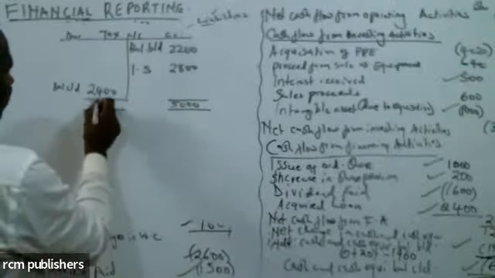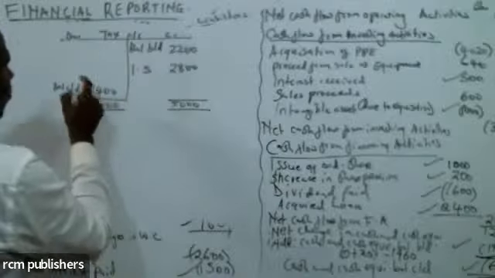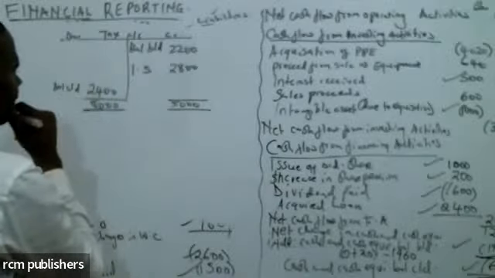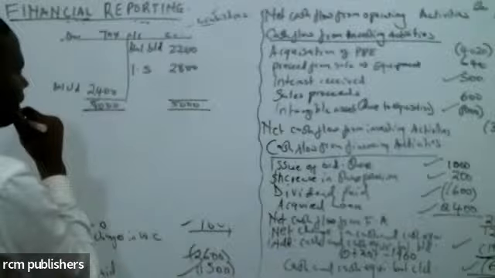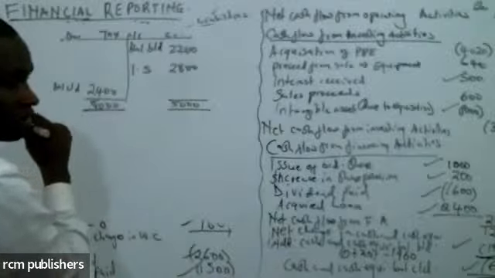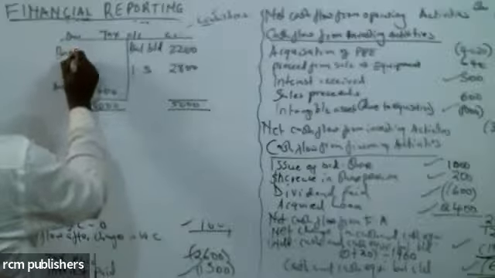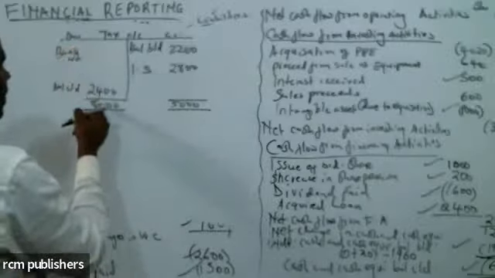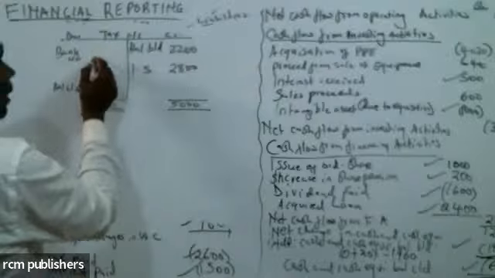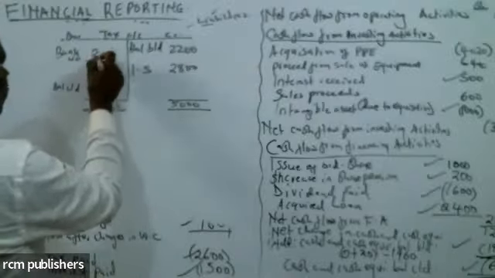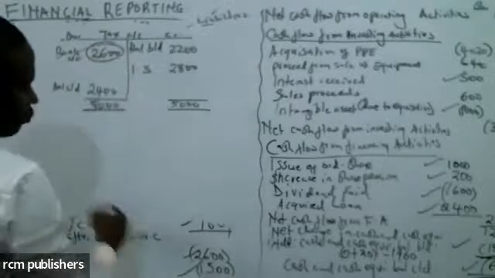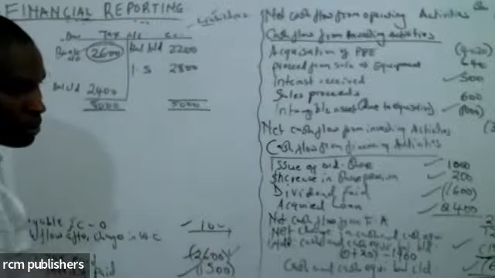This is still 5,000. Now the balancing figure will be bank. In your bank account, the actual tax paid is the difference, this minus this. What did we get? 2600 is what we bring here. Are we together, Lydia?